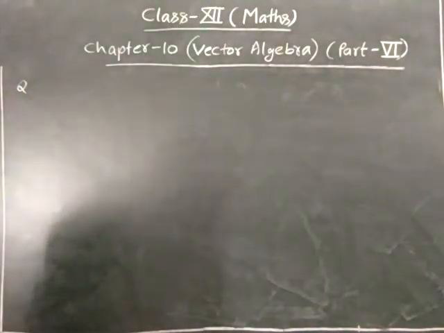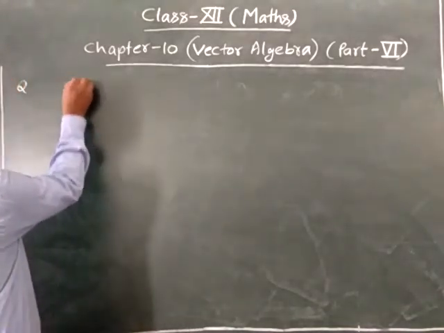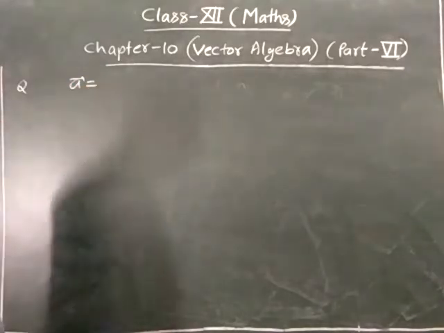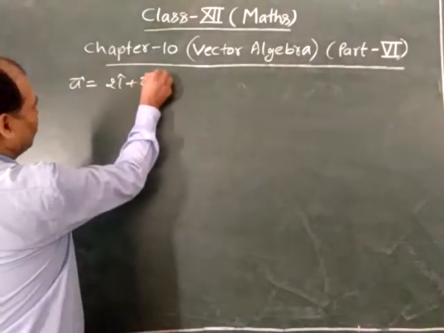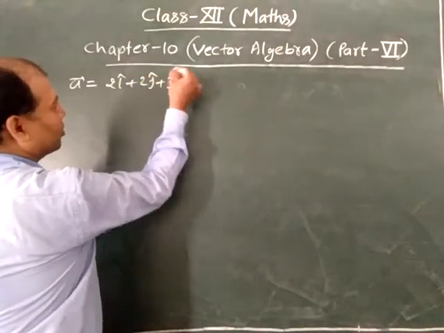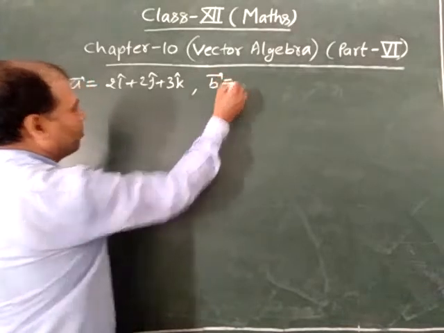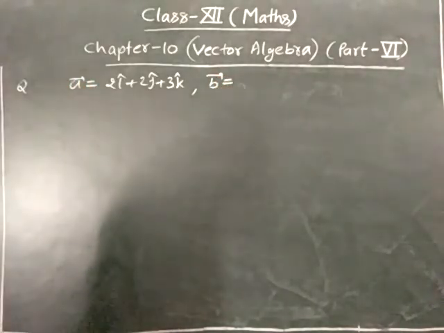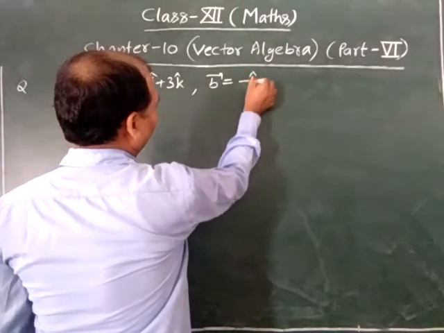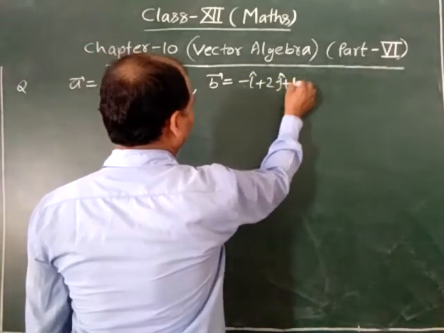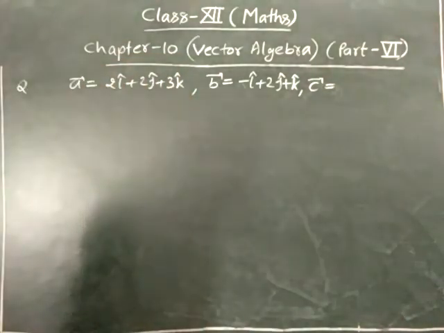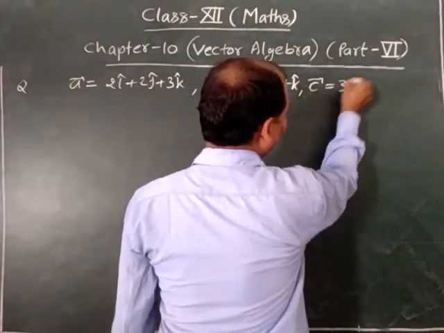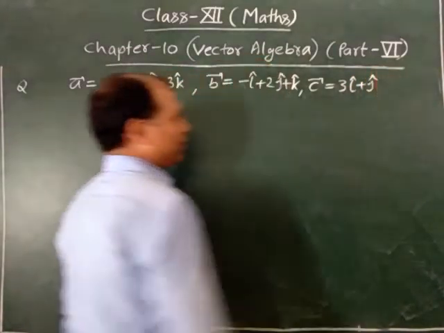Here the next question is: there are three vectors. Vector A is equal to 2i plus 2j plus 3k, vector B is equal to minus i plus 2j plus k, and vector C is equal to 3i plus j.